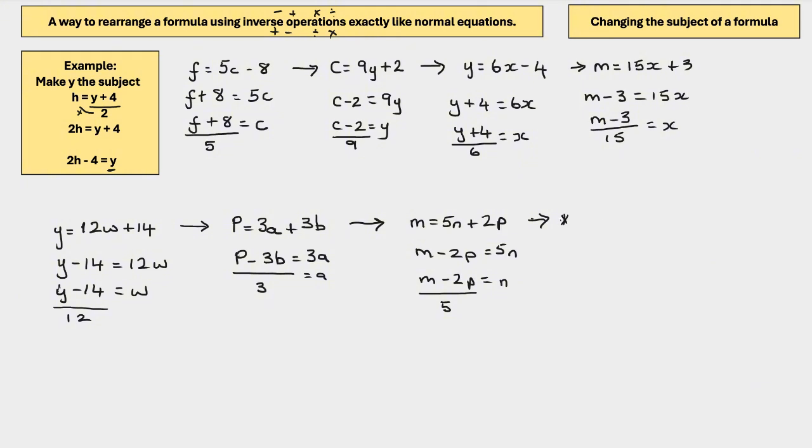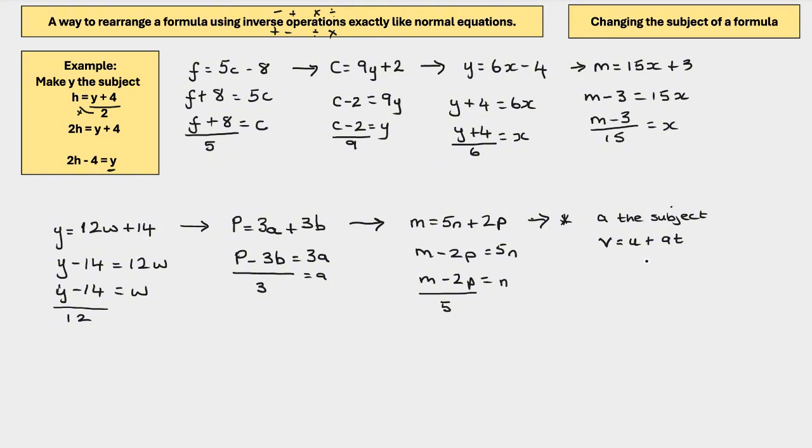So this is one where you will see it at the back of a foundation, possibly, or definitely at the front of a higher. You want to make A the subject, and it's just a bunch of letters. So V equals U plus AT. Now, you're going to look at that and you'll go, well, that's not maths. What's the point in that?